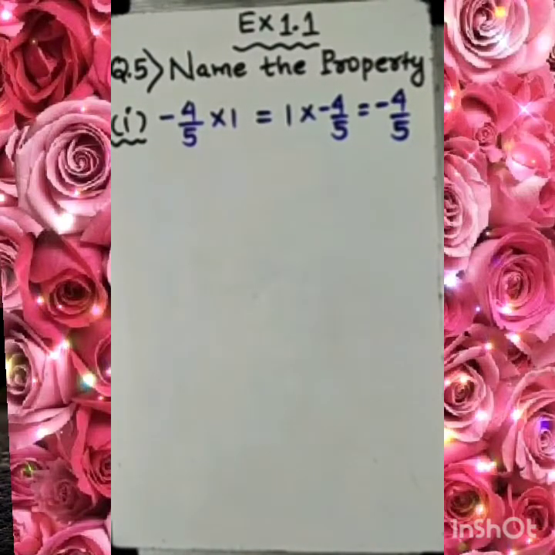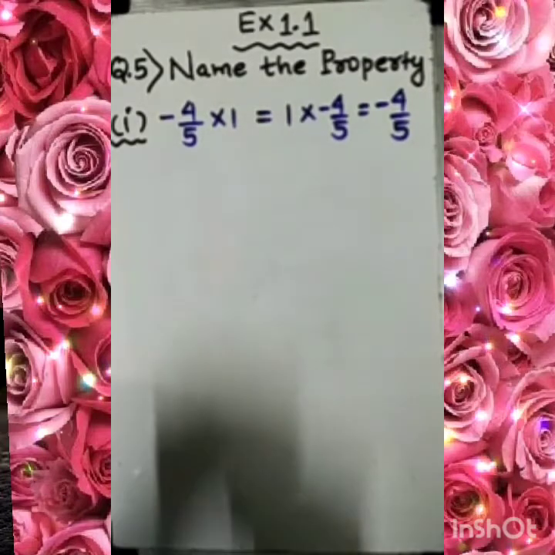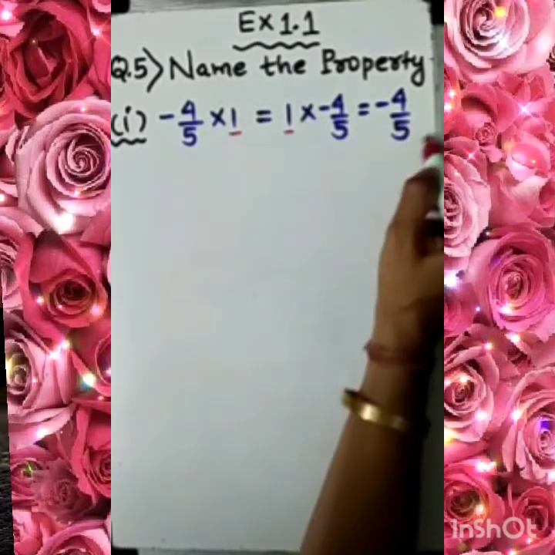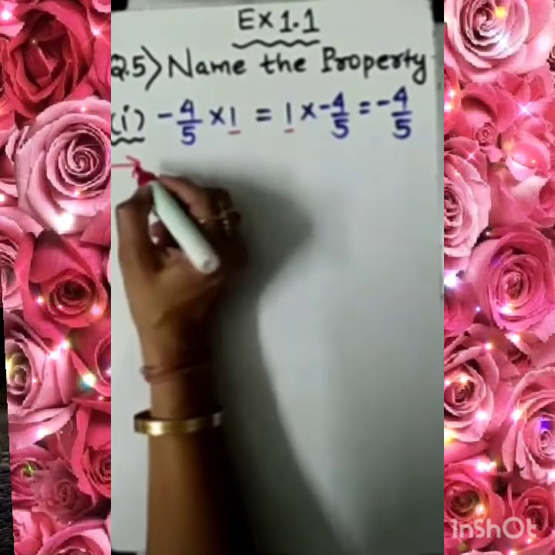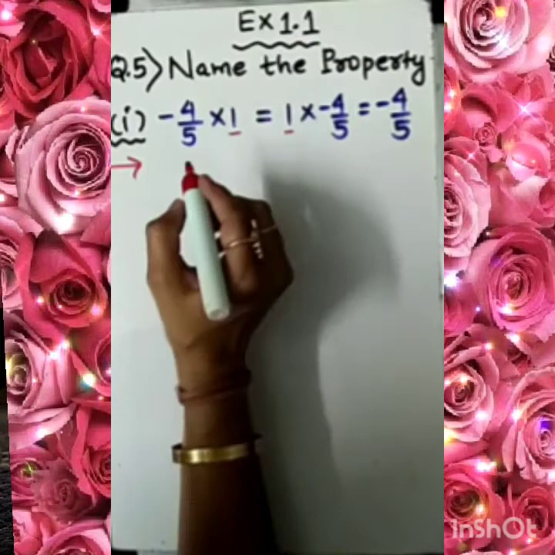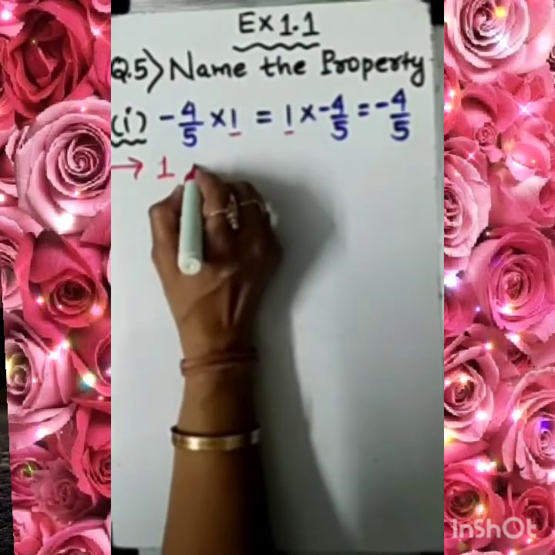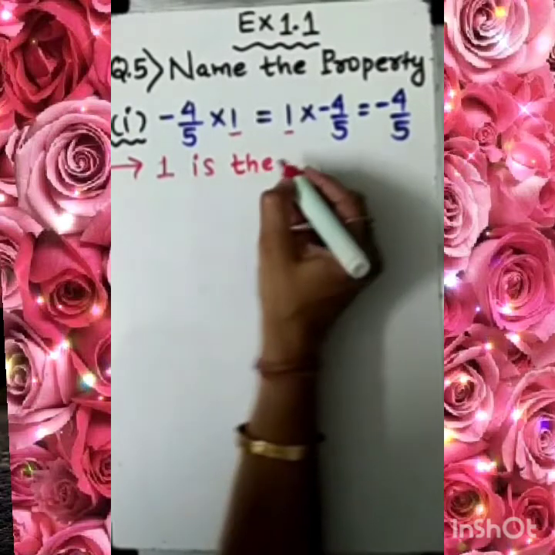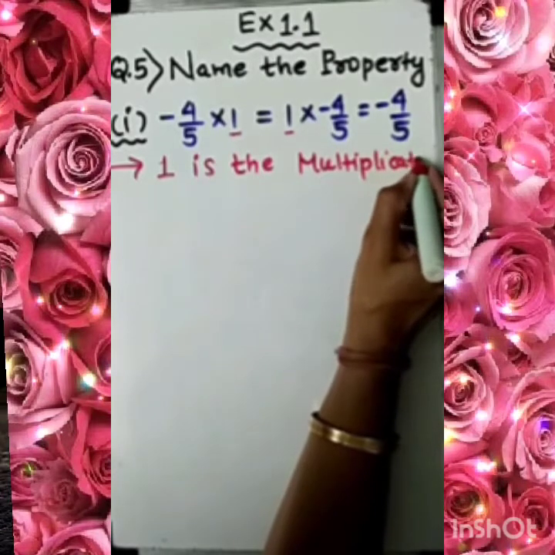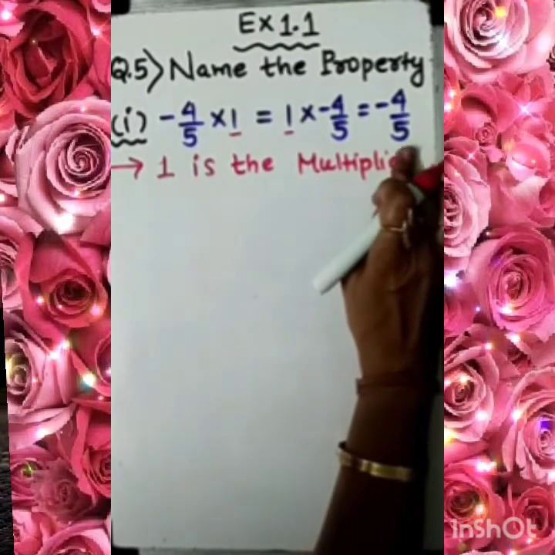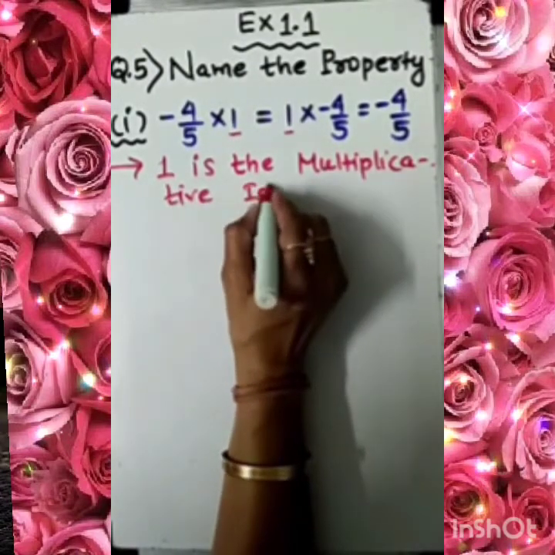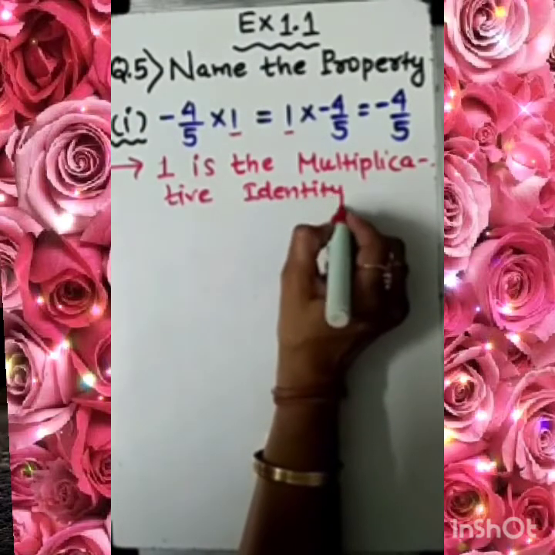So my dear student, you can see the value doesn't change when we multiply with 1. So this property is called 1 is the multiplicative identity.